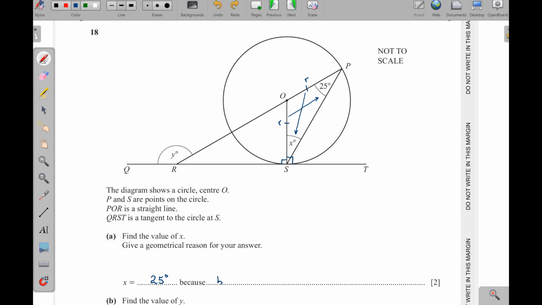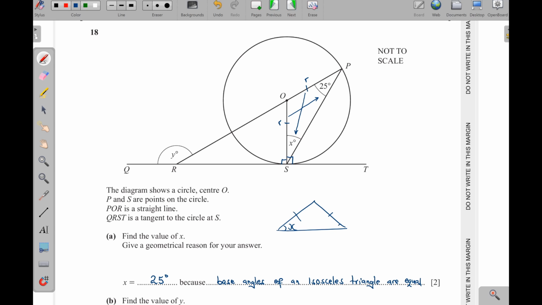Or we can say base angles of an isosceles triangle are equal. Mark this spelling. Usually students fail here. So I have my triangle here, this one and this one, they are equal.